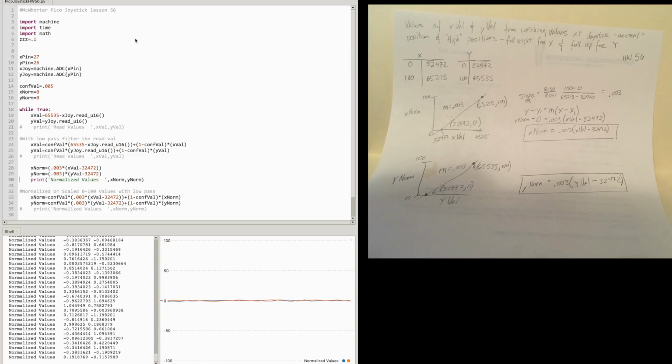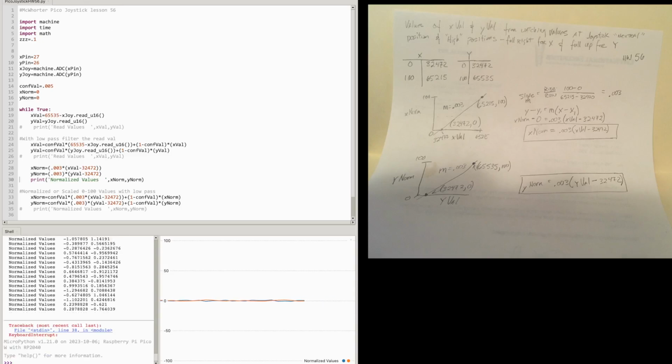low pass filter in my transom here, so let's turn that off, and you can see this is where I did the confidence val, still 0.005. I've changed this enough that you don't need to see that. I'm just not getting the results that I would have expected. And then you subtract it, you multiply by X norm and Y norm here.